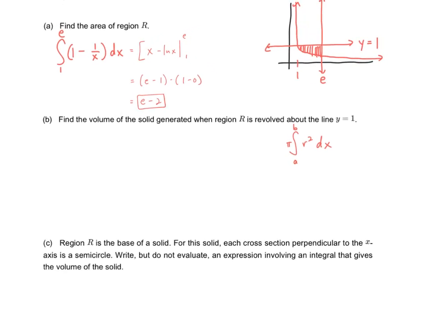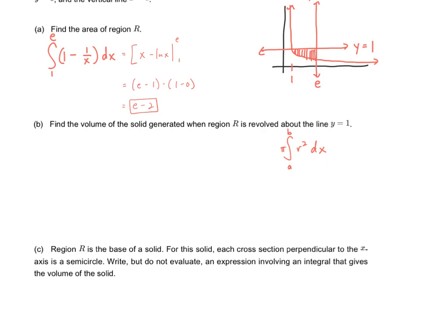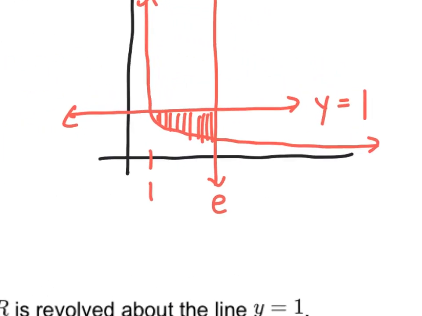Now we just have to get what the radius is, the radius of a cross section. You won't do this always, but this will be the radius here, because that'll be like the radius of some circle, and this will be the other part of the circle, and then this comes up like this and goes down. That's like 3D. But really this radius is just the difference between the two, the upper function minus the lower function.